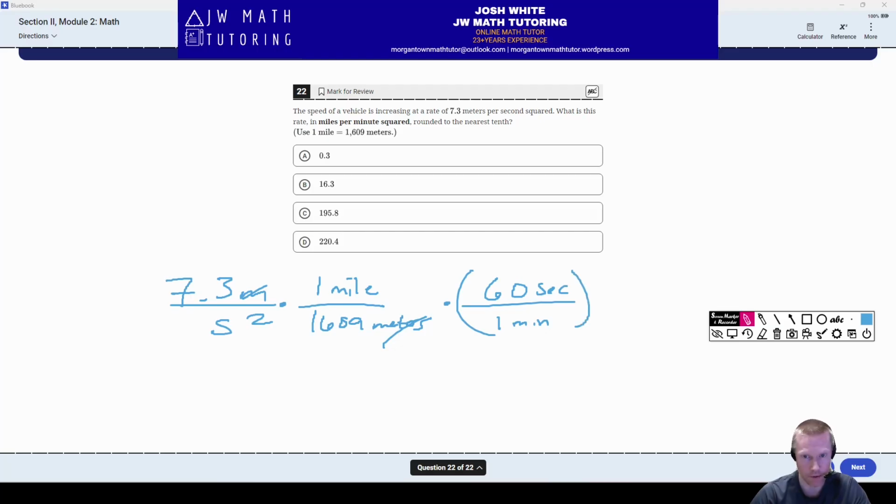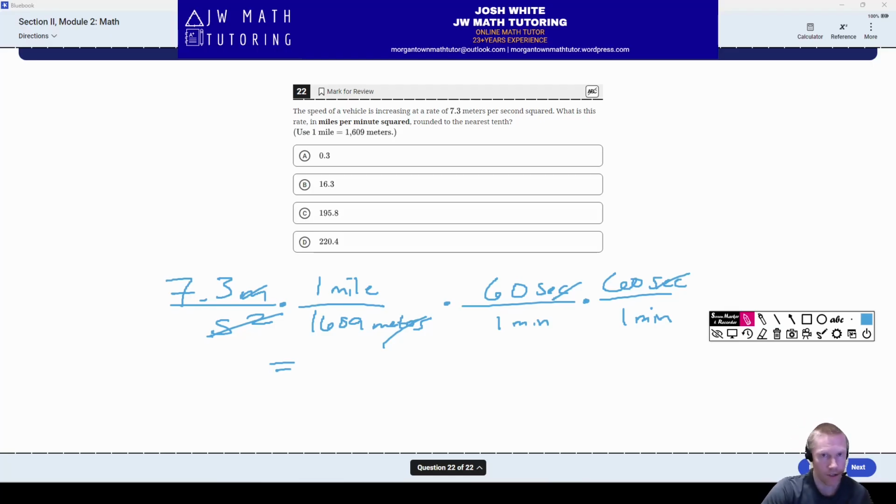So you put parentheses around it and square it, or you write it a second time. That's what you have to do because it's seconds squared to minutes squared. It's the same thing as if you were converting between area units, feet squared to meters squared. So now seconds squared cancels out.